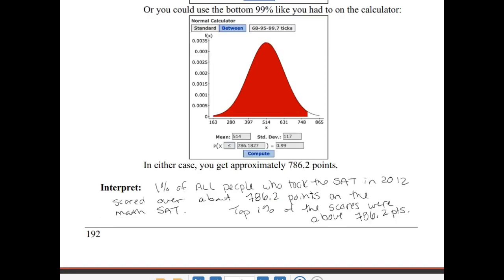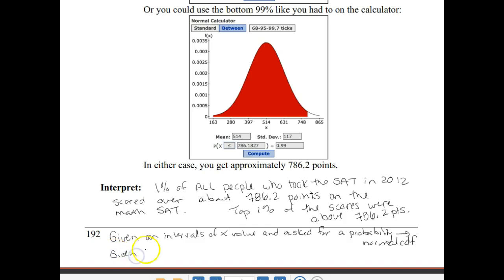All right, so in summary for this particular section, if you are given an interval of x values and asked for a probability, you use normal CDF. Again, assuming that we know that we have a normal random variable.